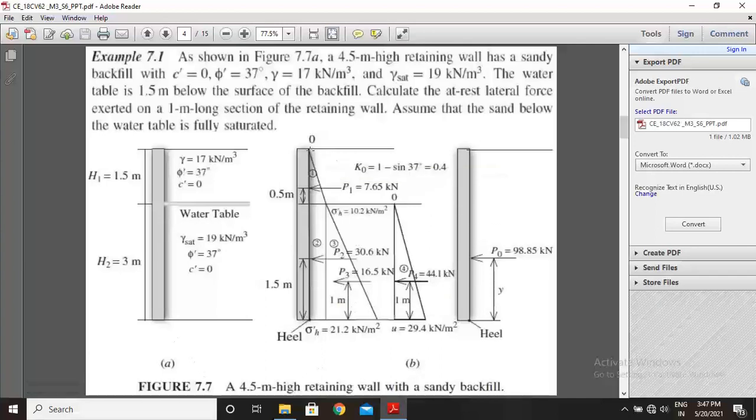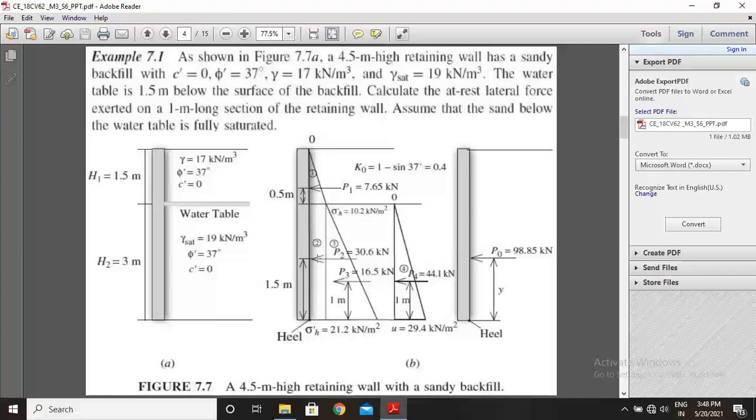So you draw this retaining wall as usual, okay, and at H1 depth you draw the pressure distribution diagram with respect to the backfill. This is triangular, and the same pressure is acting here.